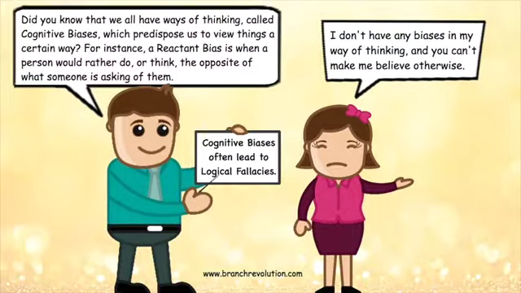Now, if that person grows up and has this way of thinking that there's something wrong with this whole entire race of people, and then someone asks them to explain why they feel the way they feel, they're going to explain it in a logical way, and that logical way is going to be a fallacy. They're going to explain it with a logical fallacy.